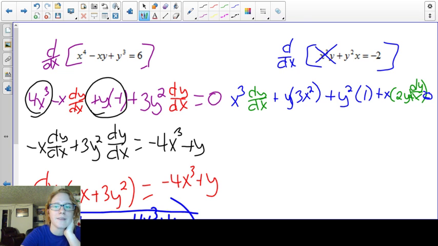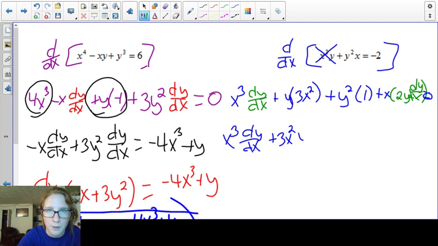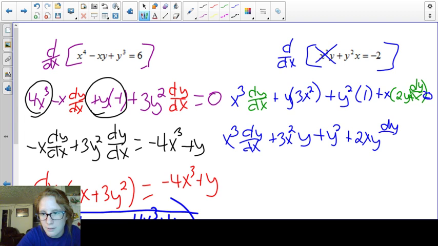So before I go to the next step, I want to go ahead and simplify where I can, because that'll make my life a little easier since I've got some extra multiplication stuff. So I have 3x squared times x cubed dy dx plus 3x squared y plus y squared plus 2xy dy dx is equal to 0.